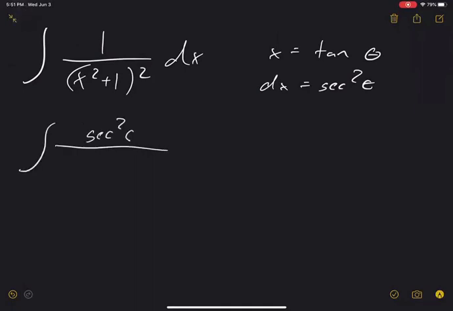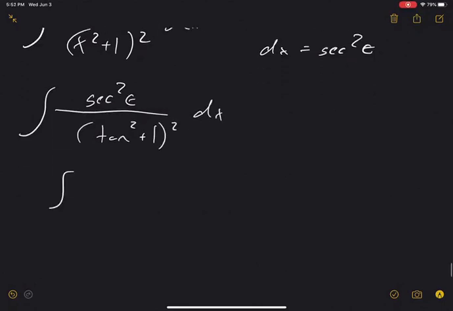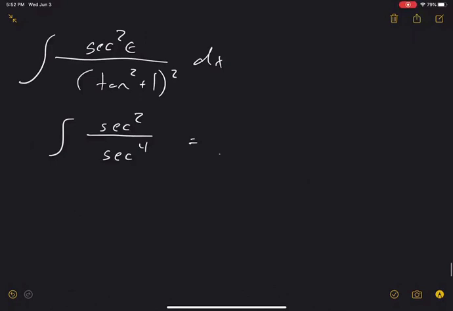So we get secant squared theta over tan squared plus 1 squared dx. So we get secant squared over secant to the 4th. So 1 over secant squared, which is cosine squared.